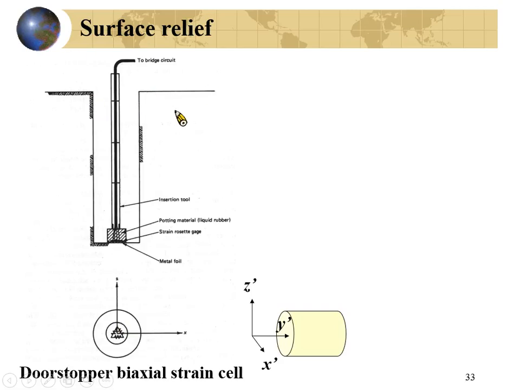If you want to overcome some disturbance around the tunnel wall, you can drill a large borehole like this, polish this surface and attach the strain gauge. The strain rosette, you already learned it. You have 3 different directions, so you can calculate epsilon x, epsilon y, and gamma xy.